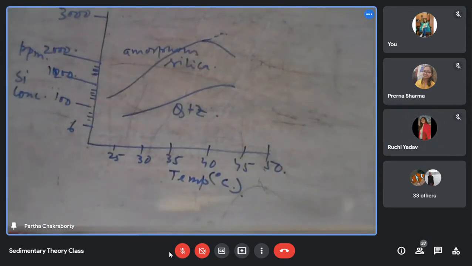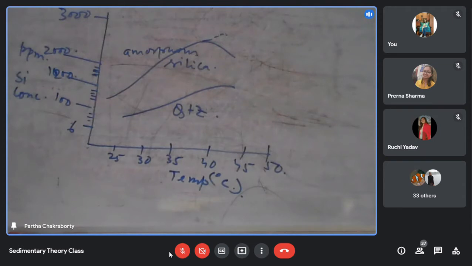So this is a temperature versus concentration curve. One is for amorphous silica, another is for quartz. What we are seeing is that the solubility increases with temperature. People have observed that the solubility of quartz at 100 degrees centigrade is about 3 times the solubility at 25 degrees centigrade and 1 atmospheric pressure. So at 1 atmospheric pressure, the solubility of silica increases 3-fold if I increase the temperature from 25 to 100 degrees centigrade.